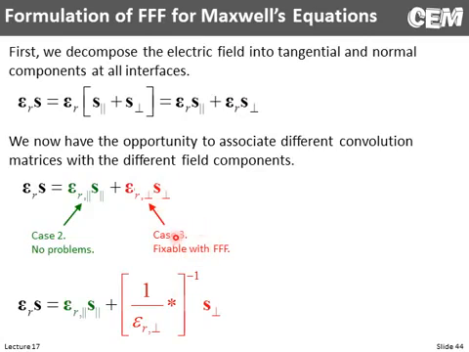That puts us in case 3, which has very slow convergence but is fixable with fast Fourier factorization. So in fact, what we'll do is we'll take this matrix, we'll invert it, construct the convolution matrix from the inverse of that permittivity, and then invert the convolution matrix. And now we have a new equation where we've incorporated fast Fourier factorization and fixed the slow convergence problem.